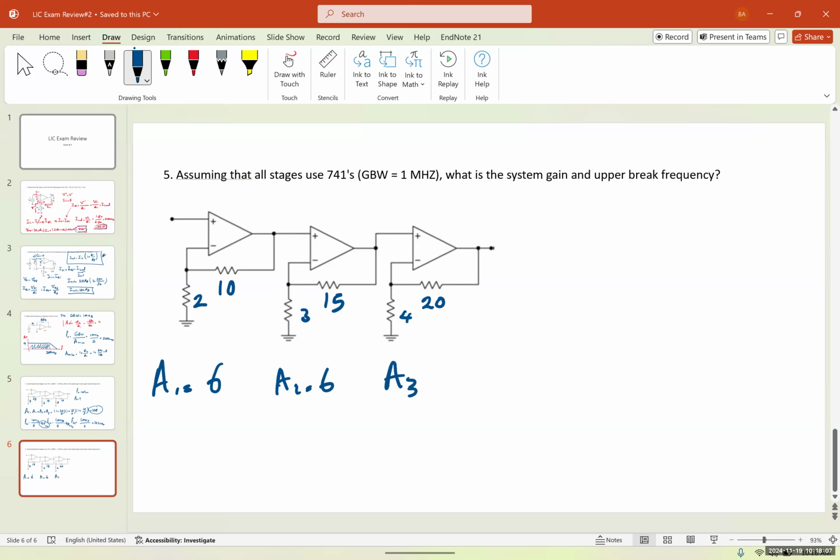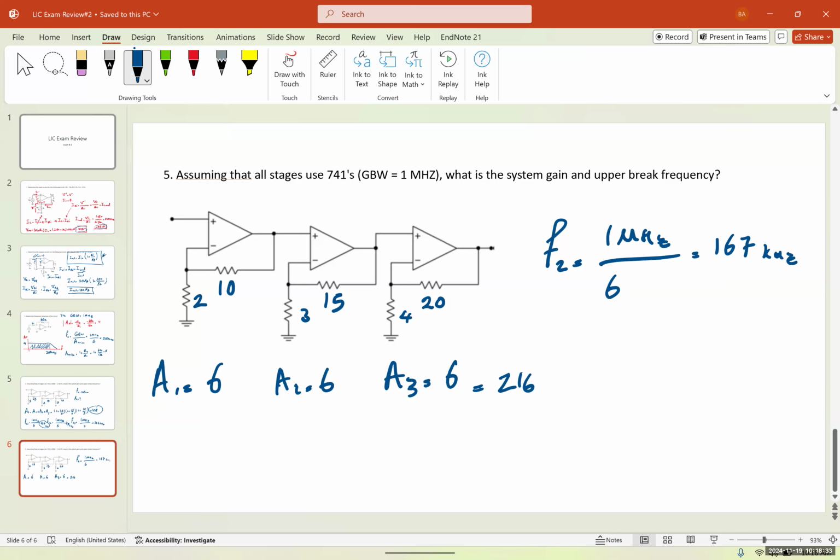A3 is also 6. So all of them have the same gain. 216, yes. F2 is going to be 1 megahertz gain bandwidth product over A noise, which is 6, gives us 167 kilohertz.